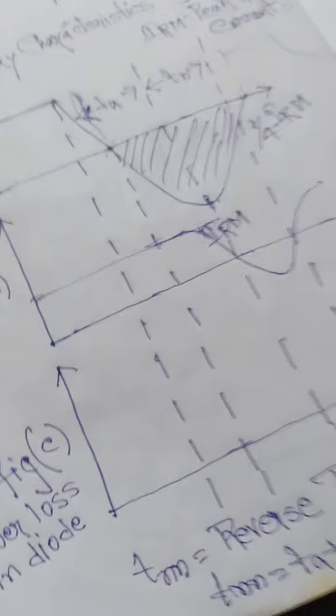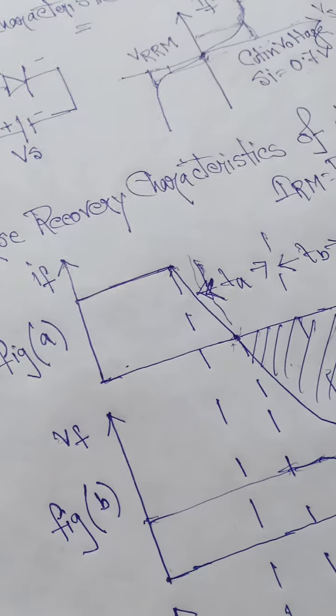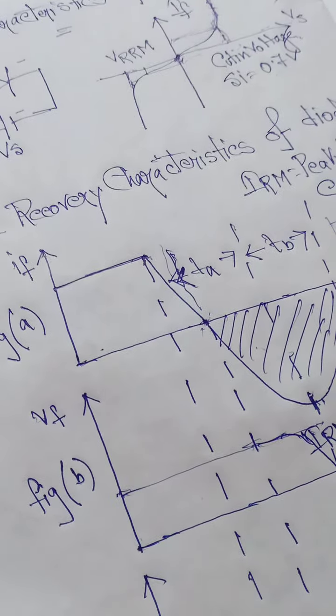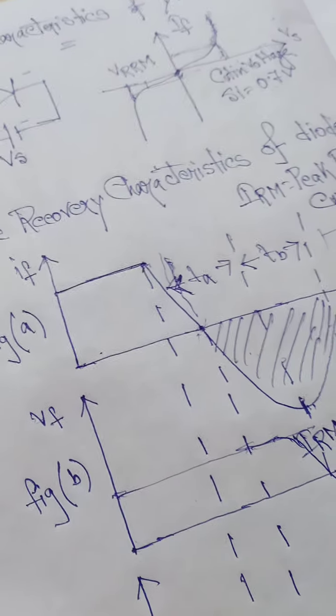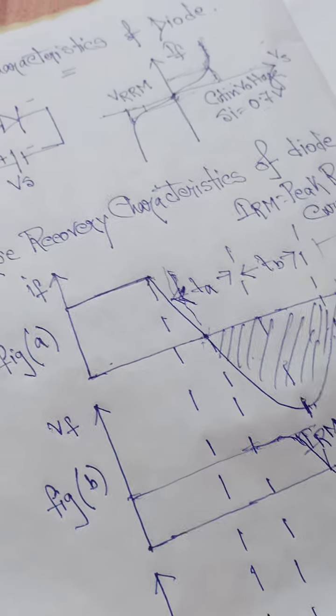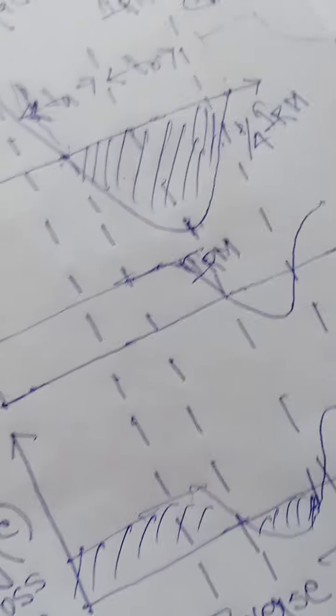Another thing is the power loss. How is the power loss? It will be like this. It will come like this. Here, that will be the diode charges, right? Here, that one.